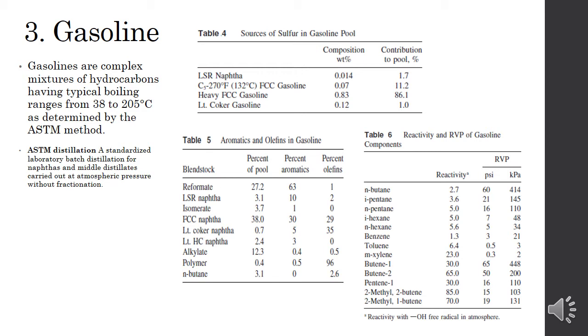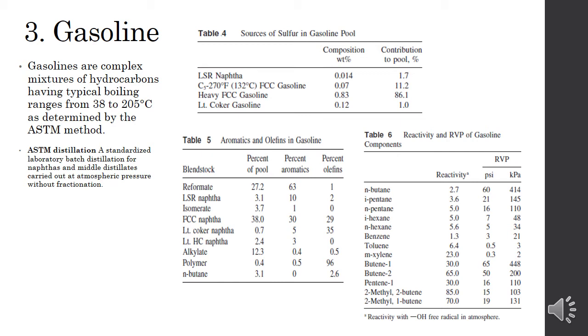Polymer gasoline is manufactured by polymerizing olefinic hydrocarbons to produce higher molecular weight olefins in the gasoline boiling range. Alkylate gasoline is the product of the reaction of isobutane with propylene, butylene, or pentylene to produce branch-chain hydrocarbons in the gasoline boiling range.